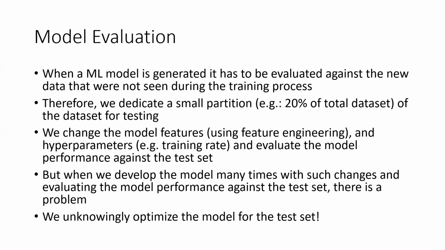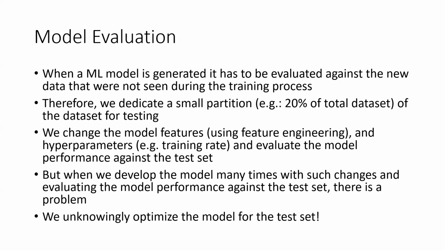Now let's listen carefully, right? We can change the features using feature engineering, as I explained earlier, and you can change the hyperparameters with hyperparameter tuning techniques, right? And then you can evaluate the model for each of these feature engineering values and hyperparameter values against the test set, and then we can find the optimum model, right?